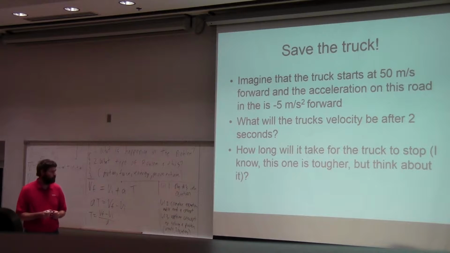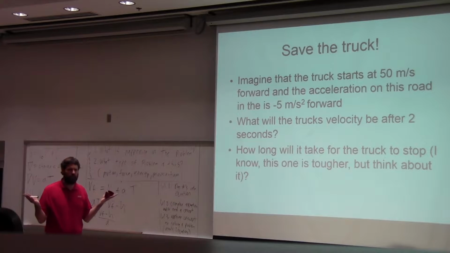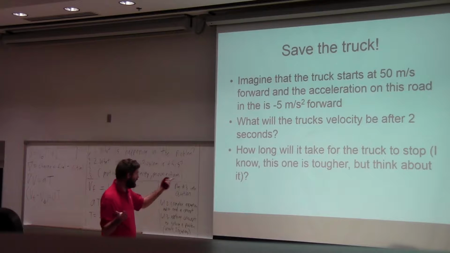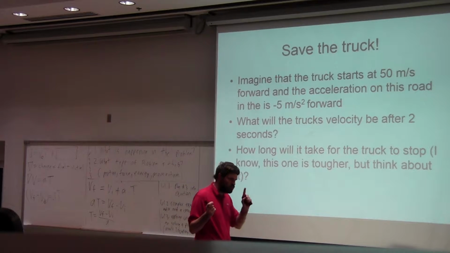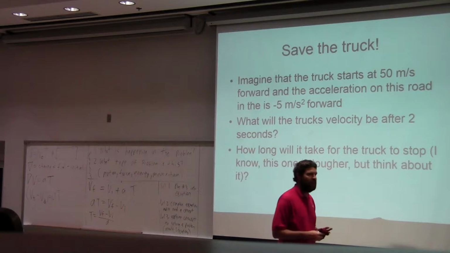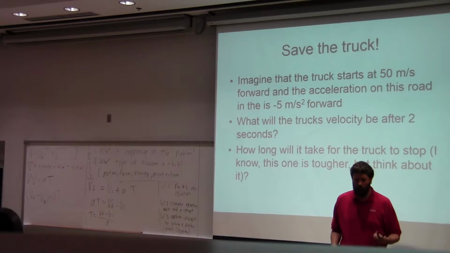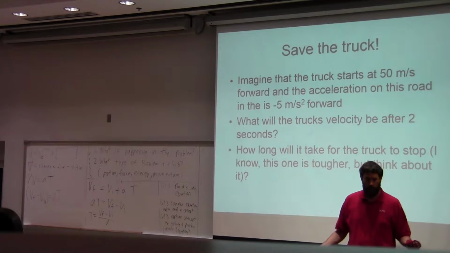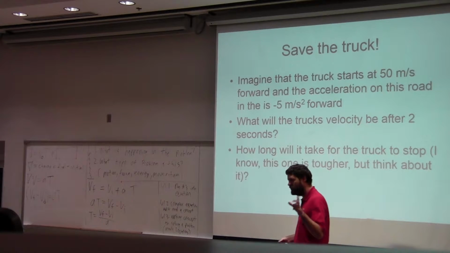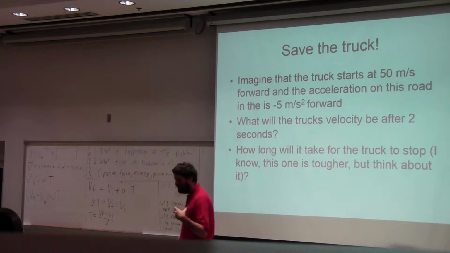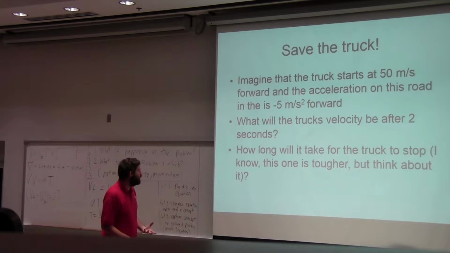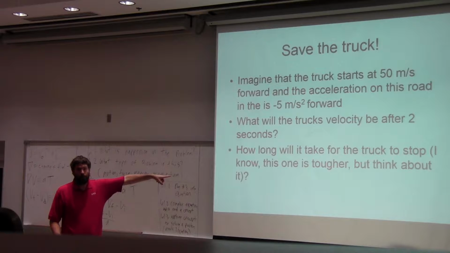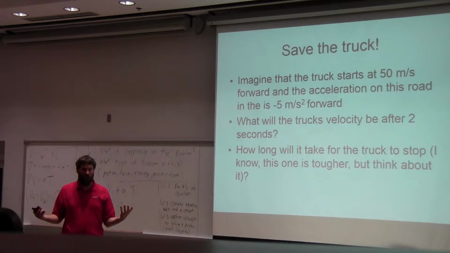Okay. But what is my final velocity? I haven't given it here, have I? At least not directly. But I have given you enough information to be able to figure it out indirectly, through context. Remember, a lot of physics is through context. So you have to figure out what's happening in this problem. We're going to come to a stop. What is my velocity at a stop? Well, at a stop, I'm not moving.